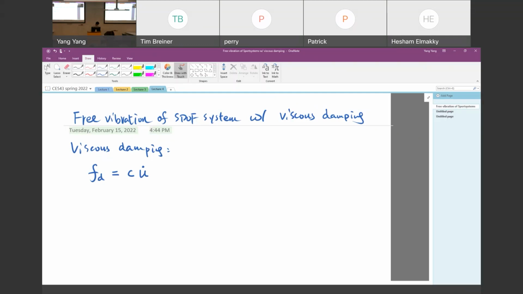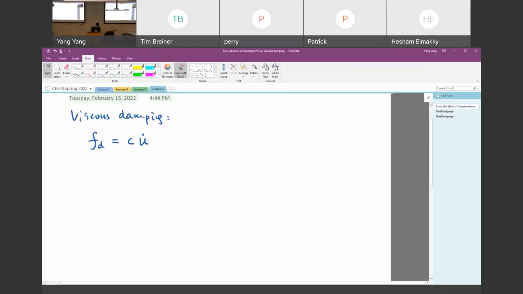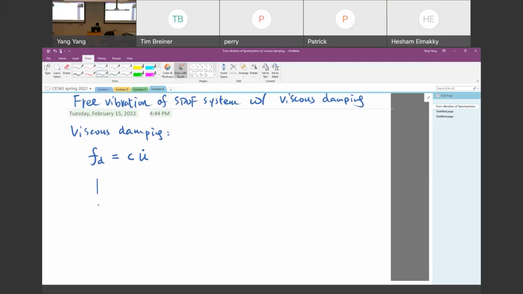And that means that when we go back to the spring mass system here, besides the spring and mass, we also have a damper.